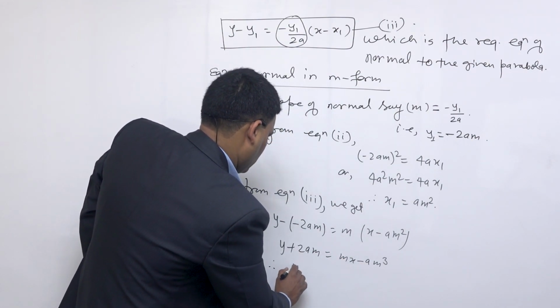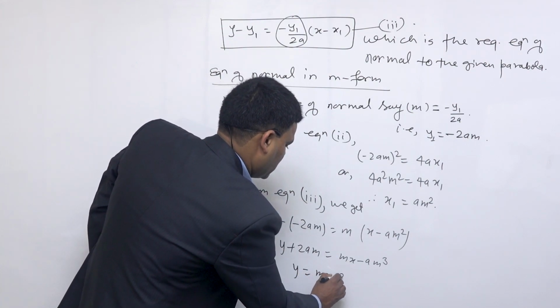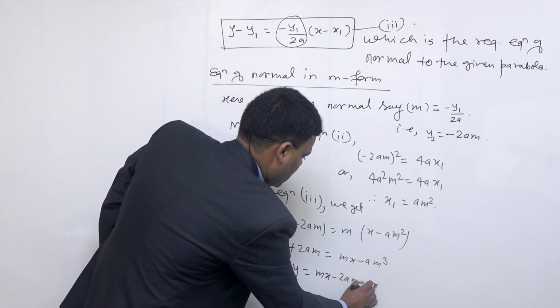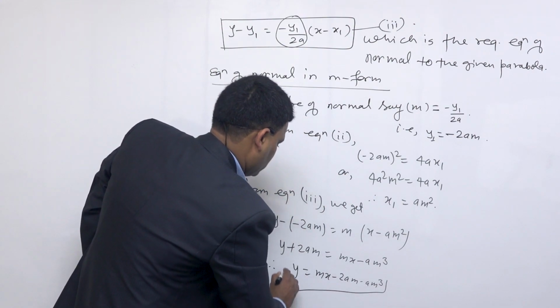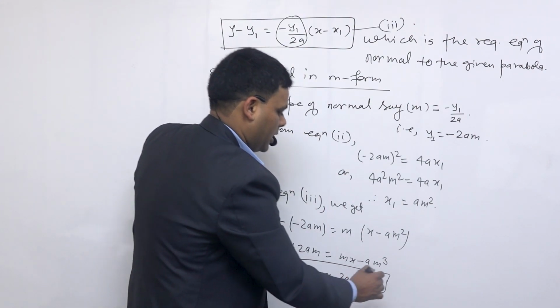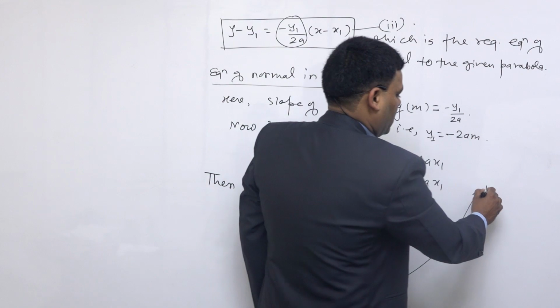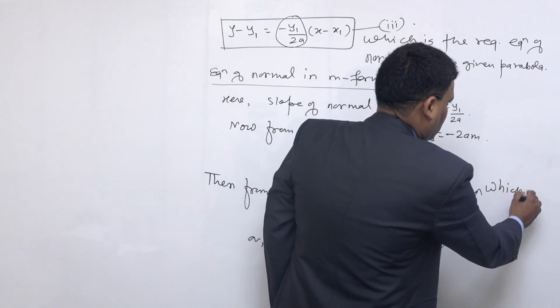Therefore y equals to mx minus 2am minus am cube, which is the required equation of normal in M form.